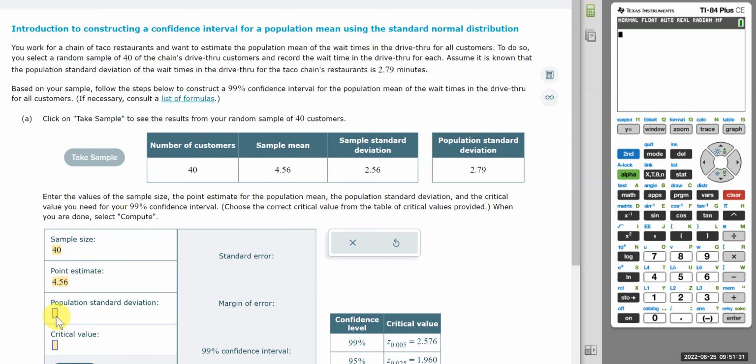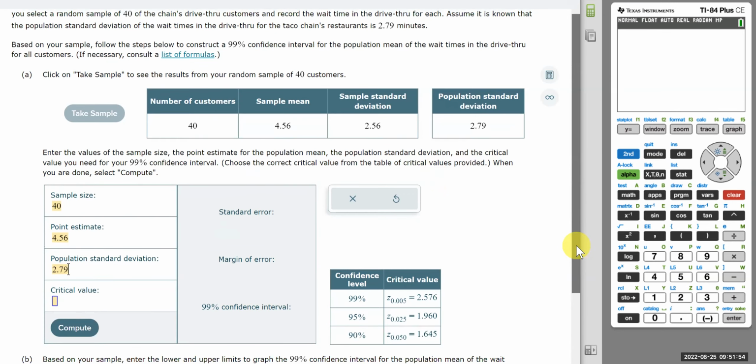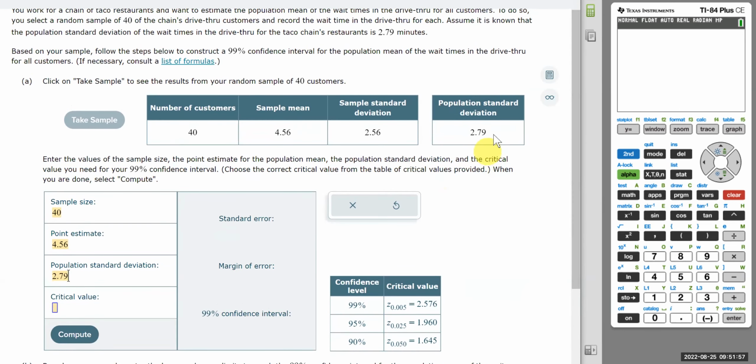All right, and then it asks me for population standard deviation. So that was our sigma, 2.79. And then the critical value for a 99% confidence interval, and we are working with z-scores, because the sigma value is known to us and we're estimating a mean.